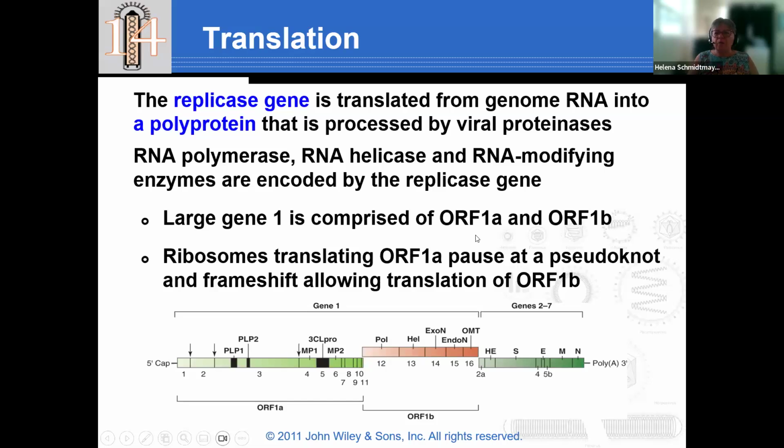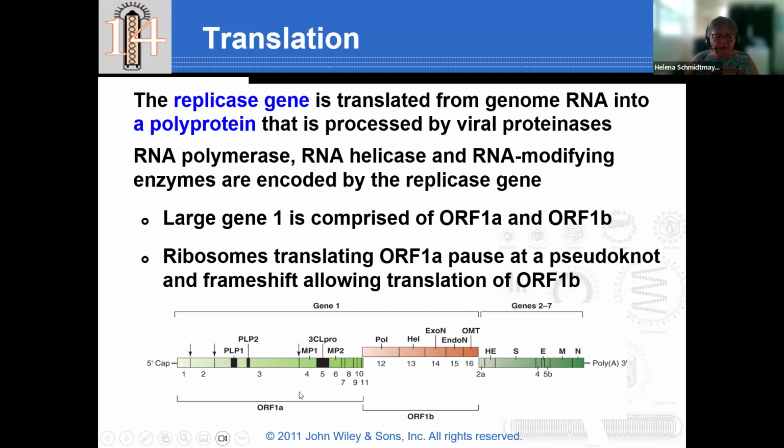Now, once the nucleocapsid and RNA are released into the cytoplasm, the replicase genes, meaning gene 1, are translated as polyproteins.